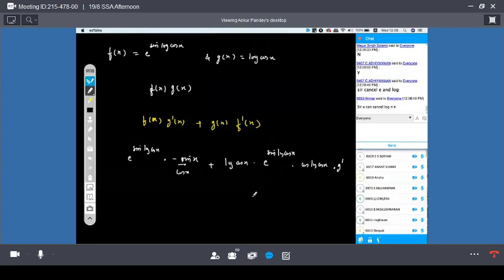Which log and log are getting cancelled, tell me. Differentiation of g of x is 1 upon f of x.